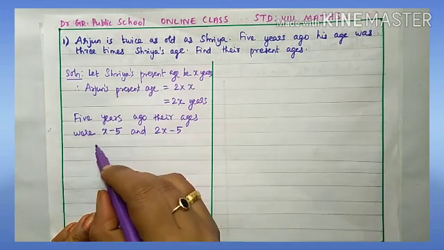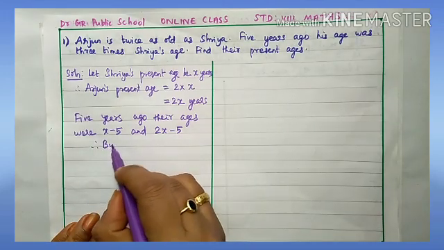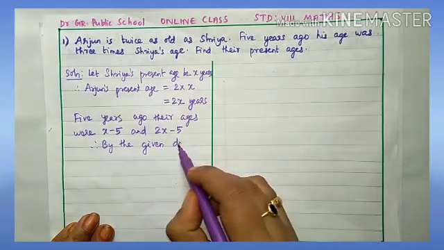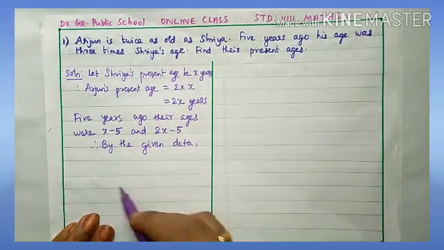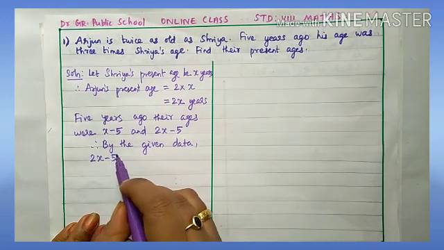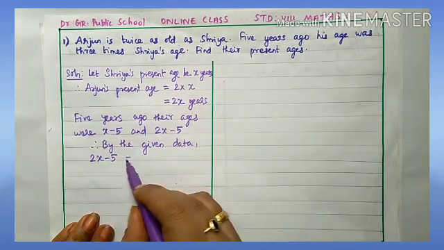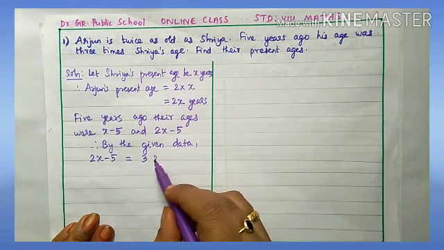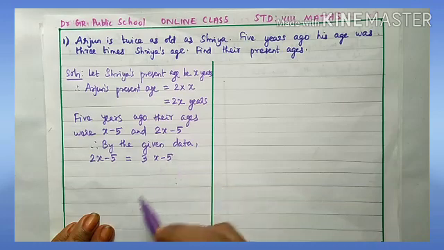So how to write the next step? Therefore by the given data I am forming the equation. Arjun's age before 5 years is equal to 3 times of Shreya's age before 5 years, x minus 5.